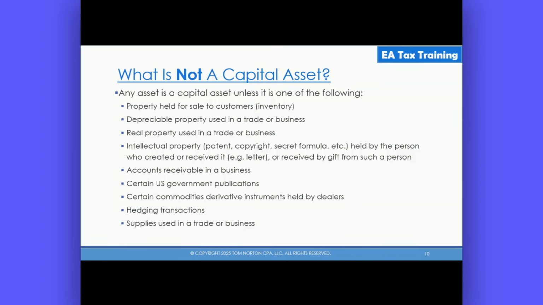So dealers, as we'll learn later, they hold investments for resale to others, to their customers. So it's kind of like inventory. It's an inventory of assets that you have, and it is not a capital asset. Hedging transactions, this is another investment concept. So if you have hedging transactions, they are not a capital asset. And then supplies used in a trade or business, not a capital asset.